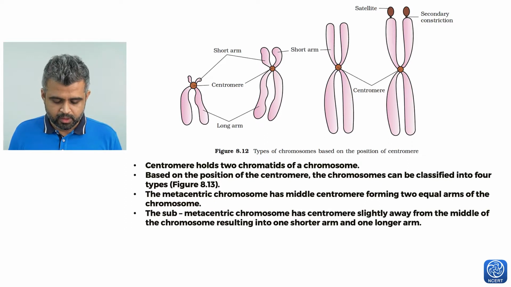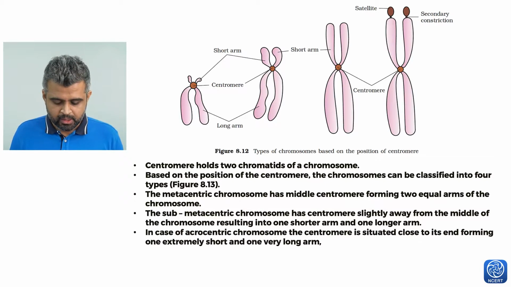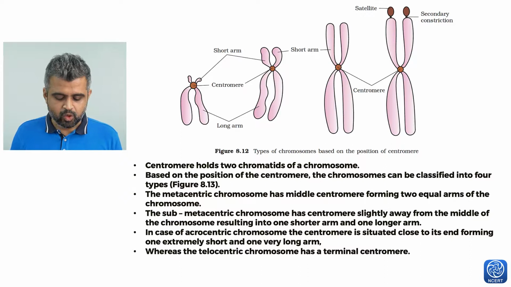The submetacentric chromosome has a centromere slightly away from the middle, resulting in one shorter arm and one longer arm. In the case of acrocentric chromosome, the centromere is situated close to its end, forming one extremely short arm and one very long arm. And in the case of a telocentric chromosome, there is a terminal centromere, which is not shown in any of these.